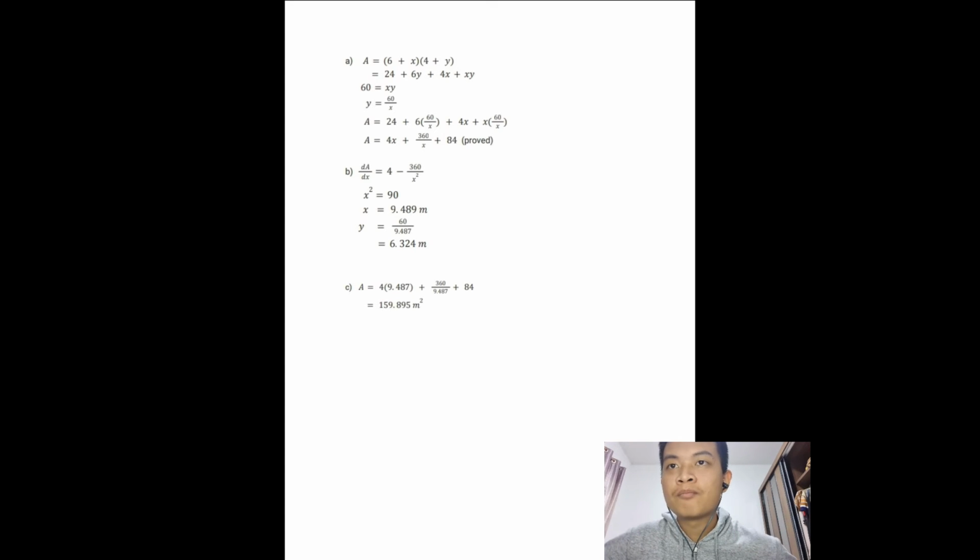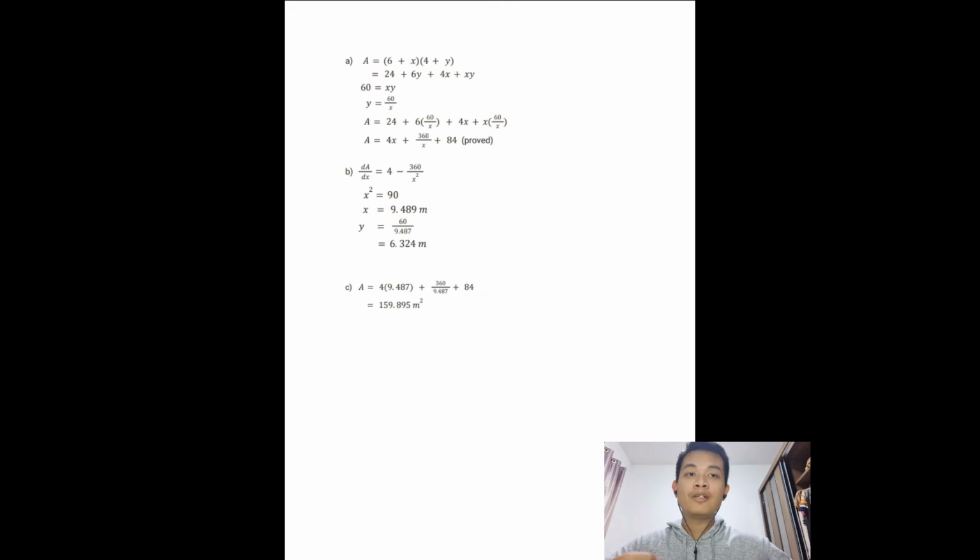For the question, my keyword here is minimize, which means after you differentiate, you must set it equal to 0. So I solve the equation 4 minus 360 over x squared equals 0. Then x squared equals 90, so I get x equals 9.489 meters.